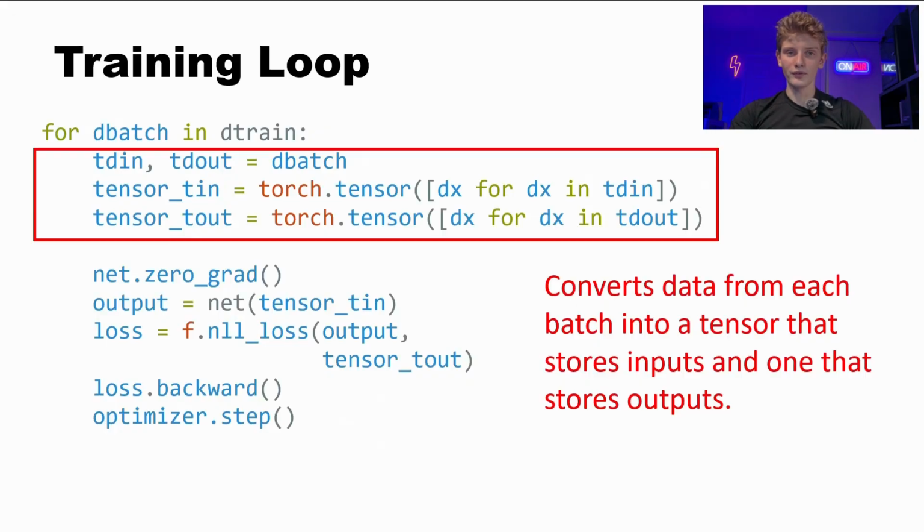For the purposes of this video, you can just think of tensors like lists or arrays with n dimensions. Essentially, all you need to know is that we're storing the inputs in this tensor training input, or tensor tin, if you will, and the outputs in this other tensor training out.